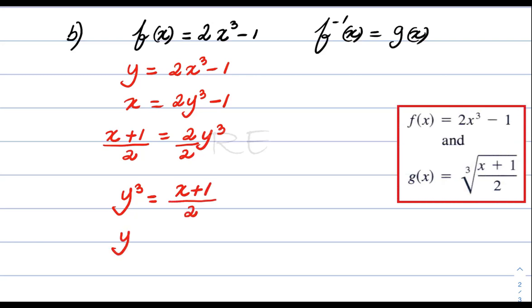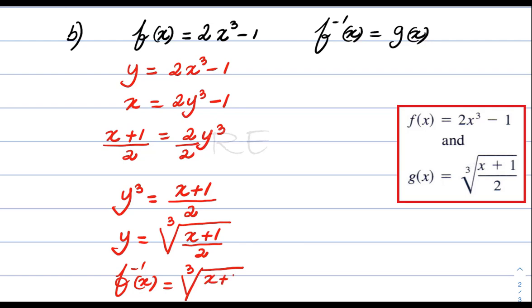Now, y will be equal to cube root. We take the cube root of both sides. Cube root of x plus 1 over 2, which is g of x. So the inverse of f of x is equal to cube root of x plus 1 over 2.